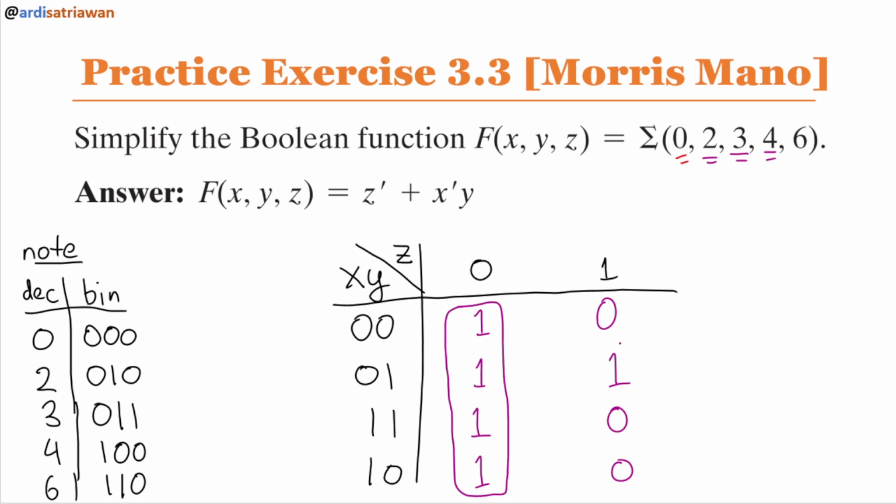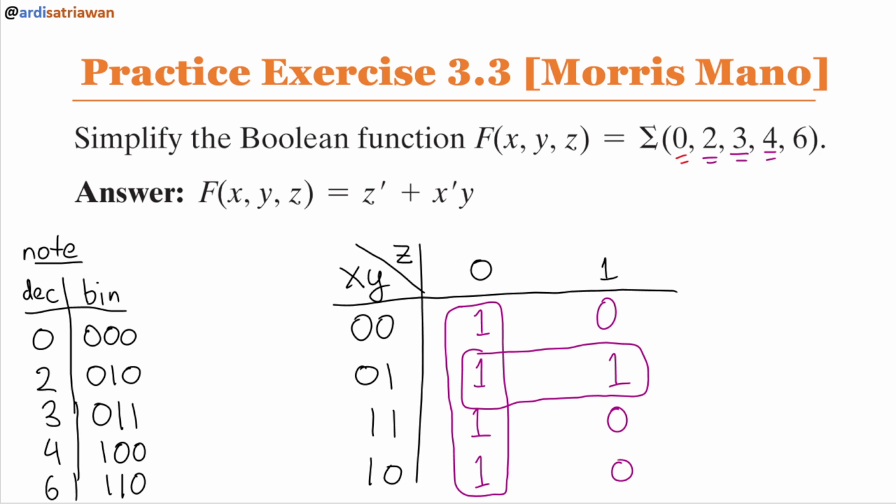Then we can also circle this one here. However, this one has a neighbor that is adjacent, so we can circle the adjacent one like this. Why? Because we want the circle as big as possible. We can circle multiple times as long as the circle gets as big as possible.